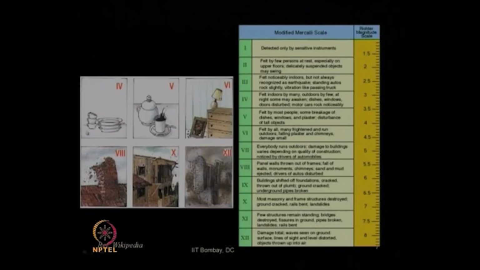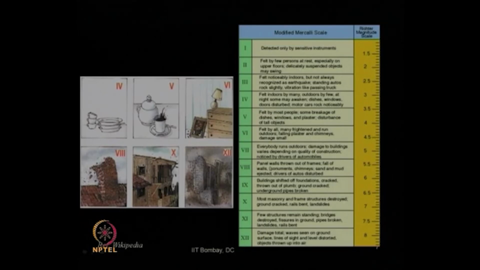This picture we have seen earlier: the various MMI intensity scales are noted here, 4, 5, 6, then 8, 10, 12, showing the different levels of damage to the structures and various articles, correlated with the Richter magnitude scale on this side.